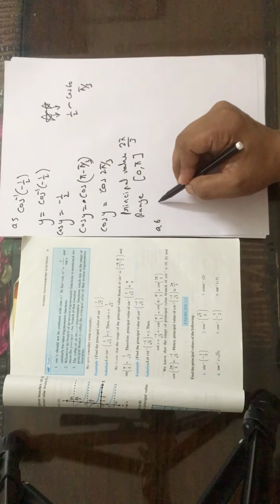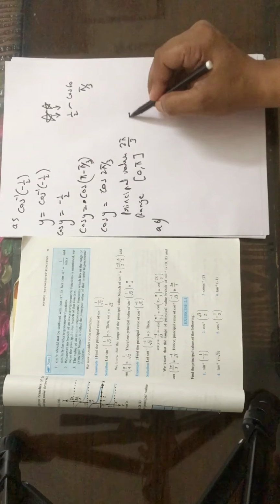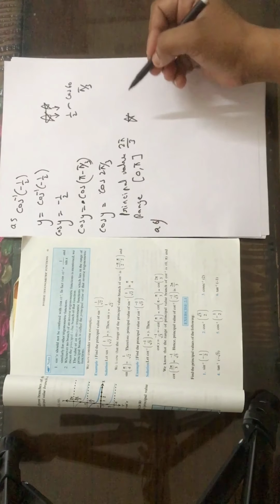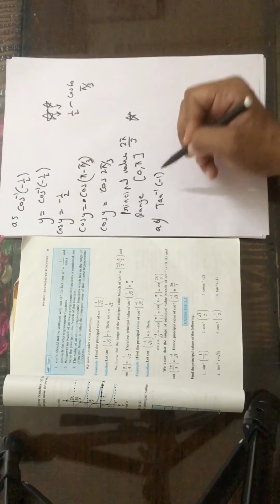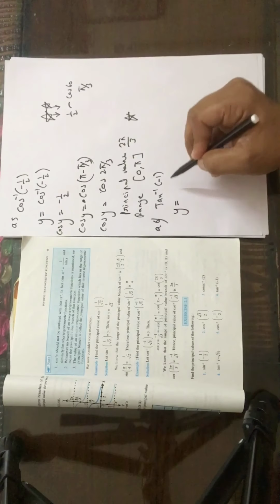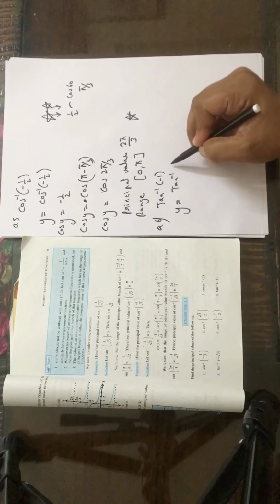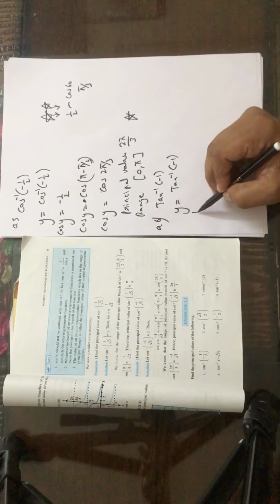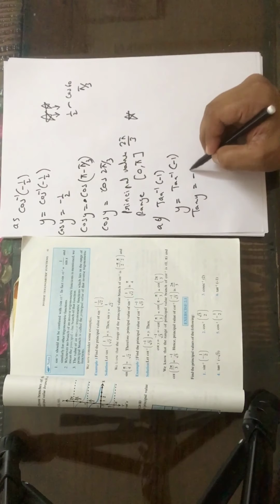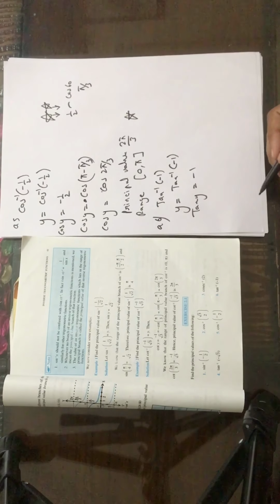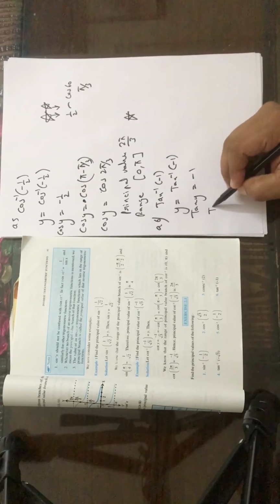Question 6 says, let's put a star also. Yeah, it's a sign of happiness. Tan inverse -1, follow the same: y equals tan inverse -1, tan y equals -1. Yes, now tan is there. It hardly matters, no need to get confused.